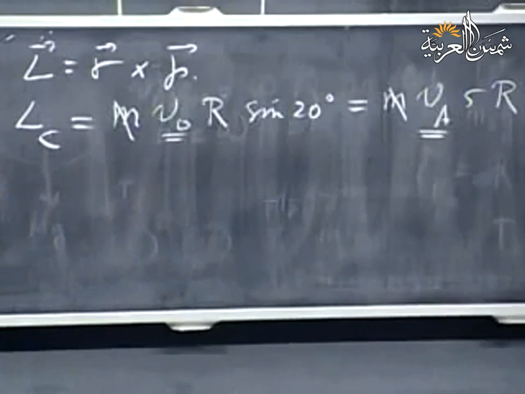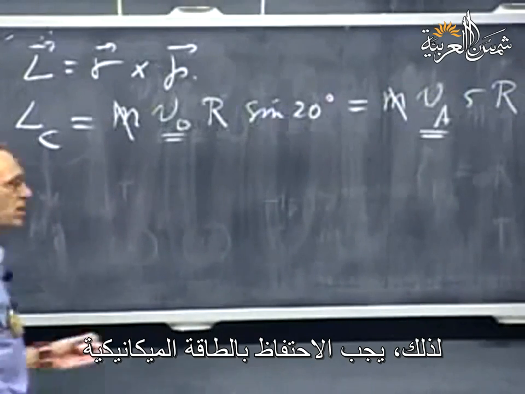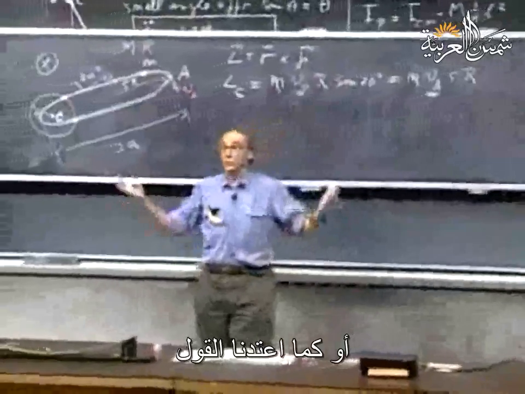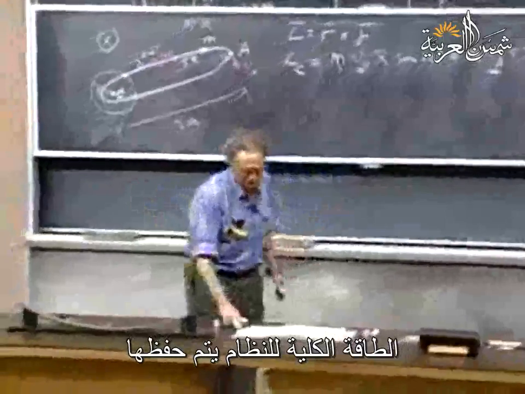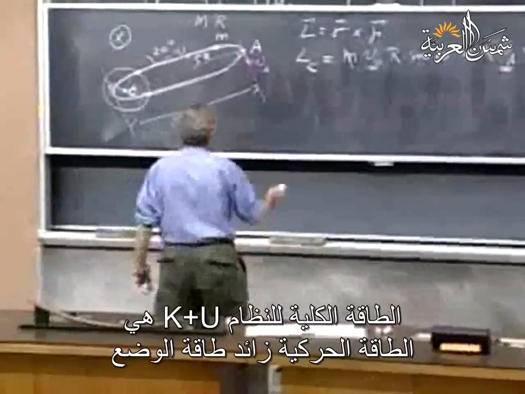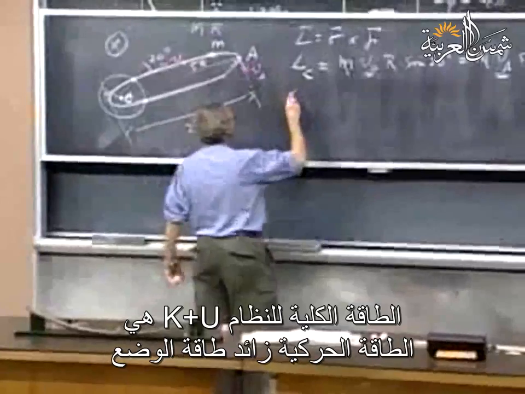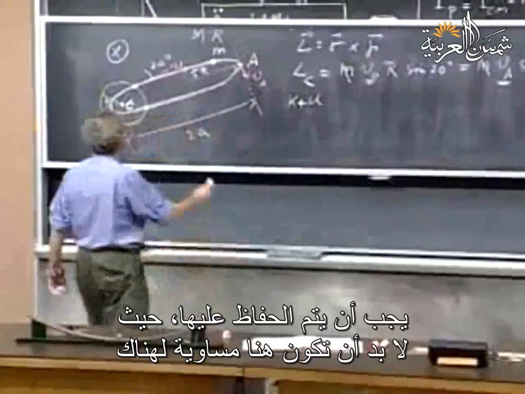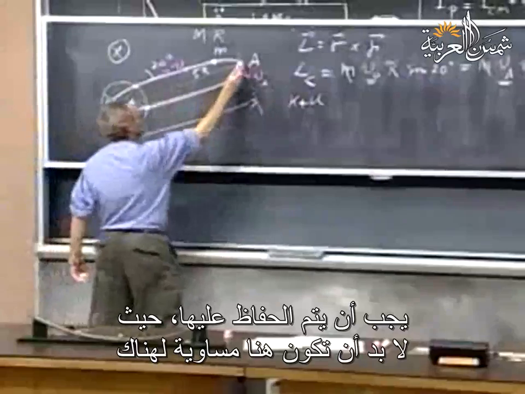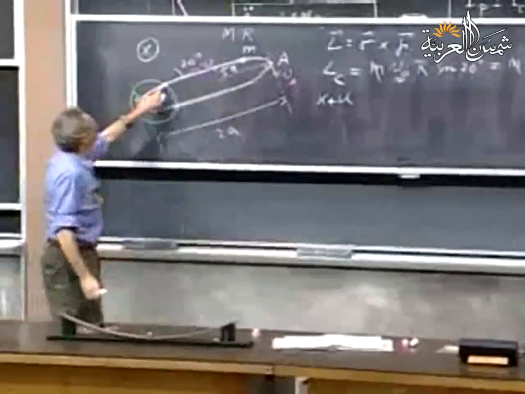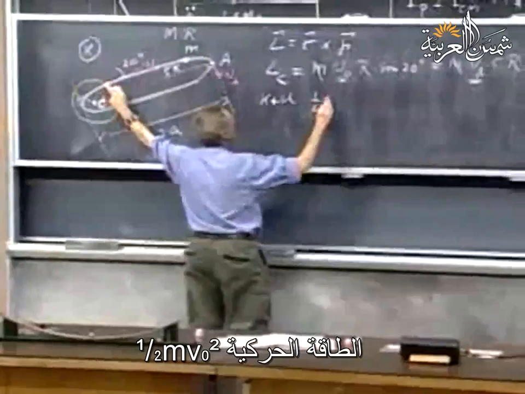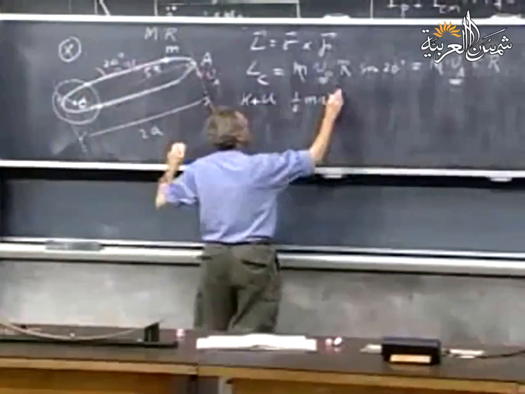Well, these are conservative forces. We're dealing with gravity. So mechanical energy must be conserved, or what we used to say the total energy of the system is conserved. The total energy of the system is kinetic energy plus potential energy. It must be the same here as it is there. What is the total energy here? The kinetic energy is 1/2 m v0 squared.